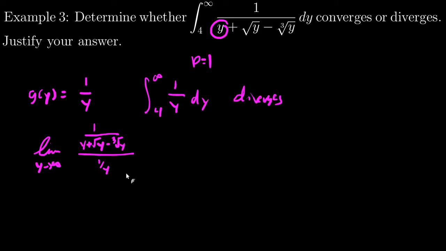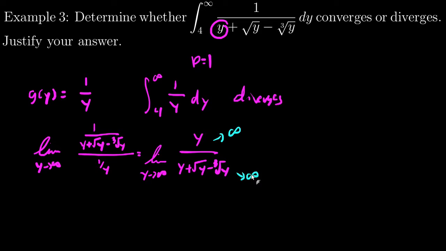And in here, if I go through and do this, I can rewrite this as y over all that stuff. So the limit as y approaches infinity of, dividing by a fraction is the same as multiplying by its reciprocal, y over y plus root y minus cube root of y. I see that the numerator goes to infinity, the denominator goes to infinity. Use L'Hopital's rule.